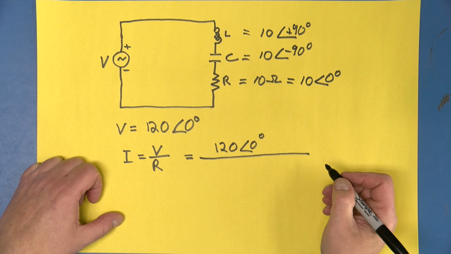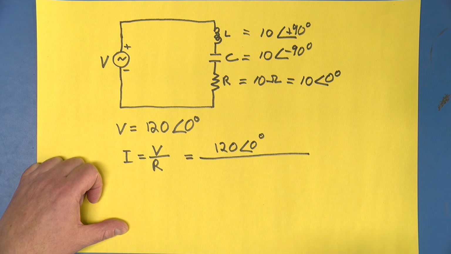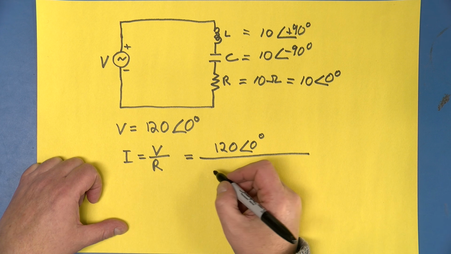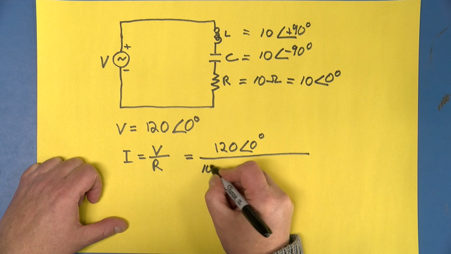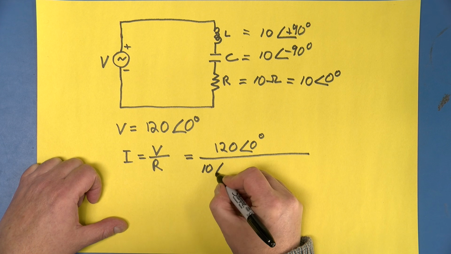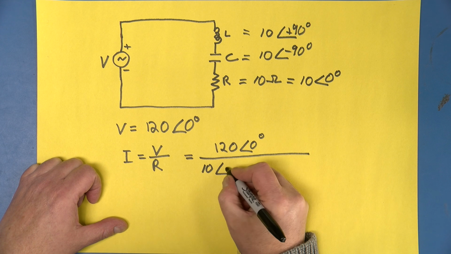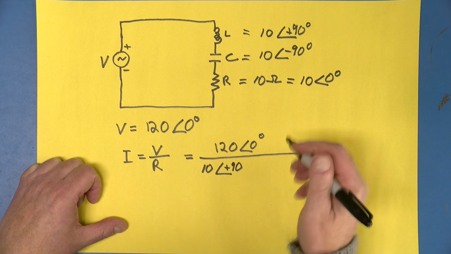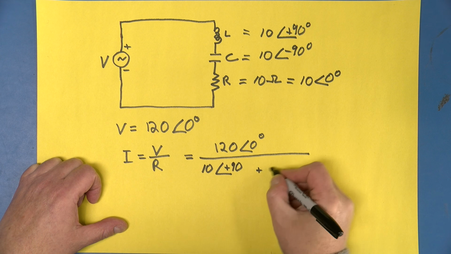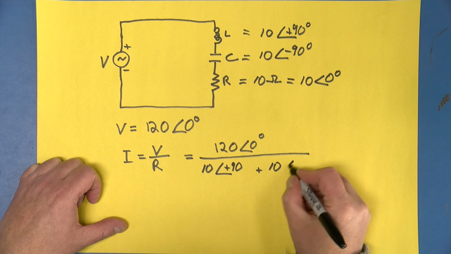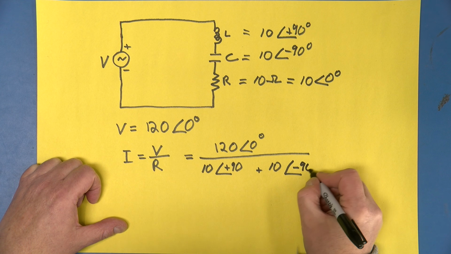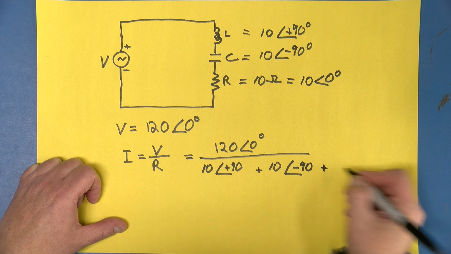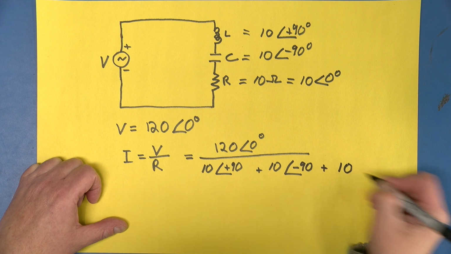All divided by, what's the mess we're going to put down here? It's going to be horrible. Well, let's start off with 10 at an angle of plus 90, plus 10 at an angle of minus 90, plus 10.